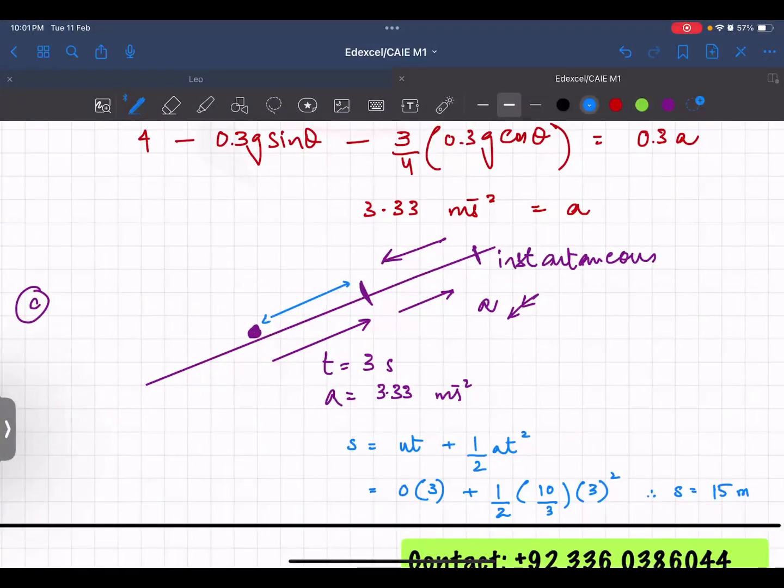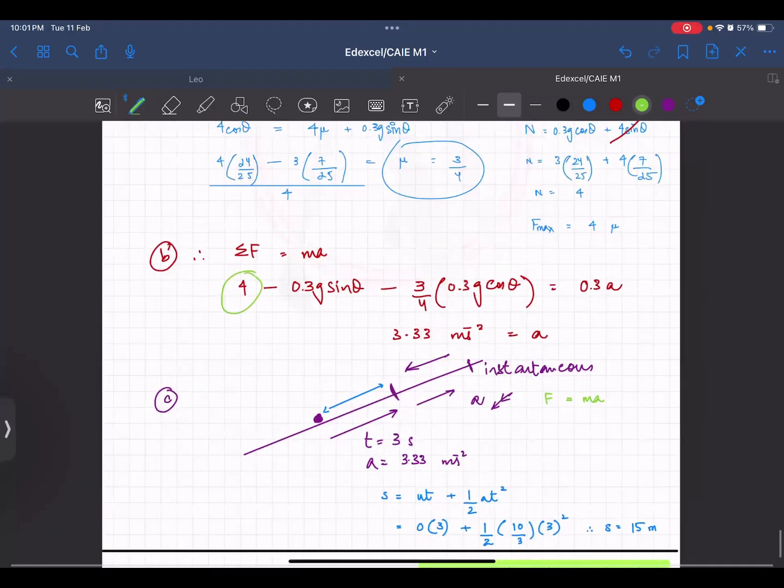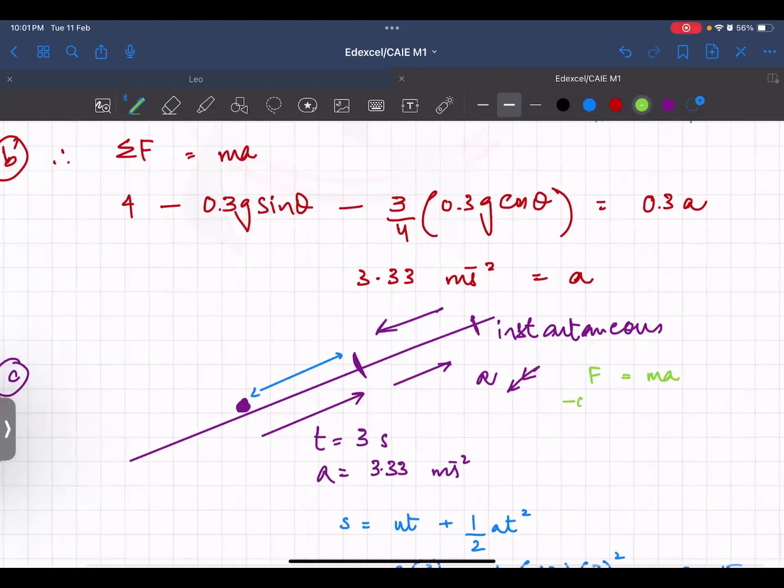And then this force has been removed. So now the new acceleration would be F is equal to ma. There is no force now which is trying to push it upwards. So this 4 Newton force is now 0. So you have the weight component which is trying to stop it, and you have the frictional component which is trying to stop it. So minus 0.3 g sine theta minus 3 over 4 times 0.3 g cos theta is equal to 0.3 a.